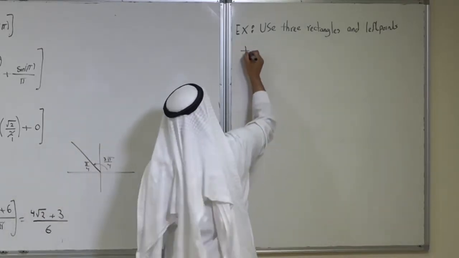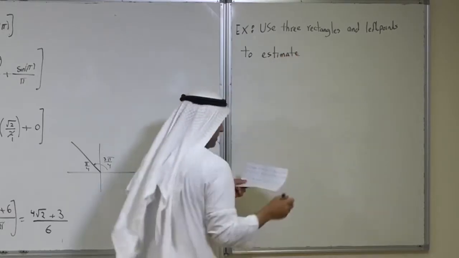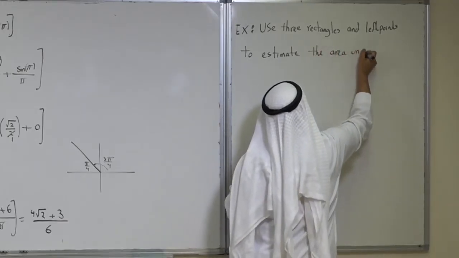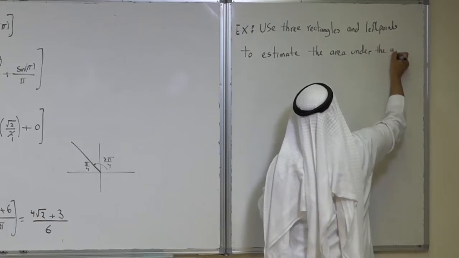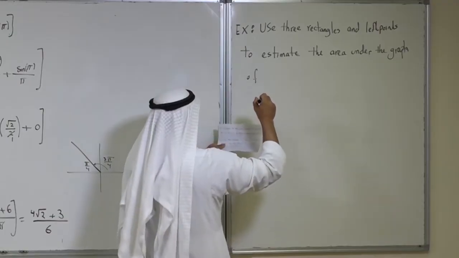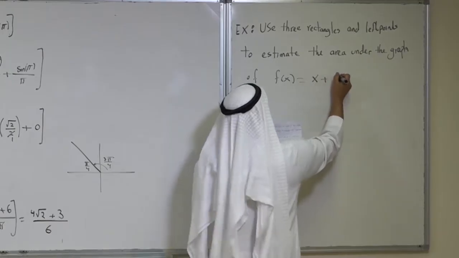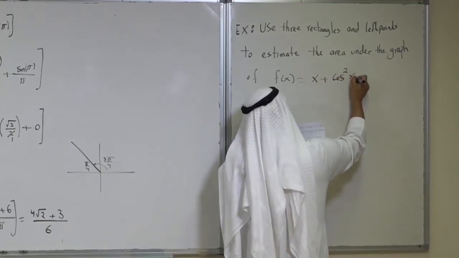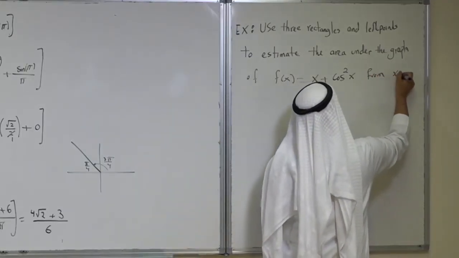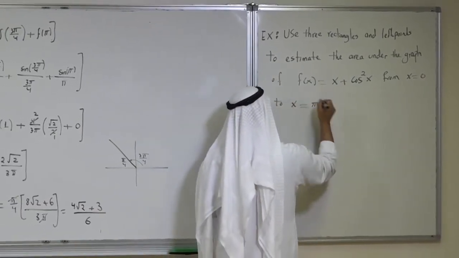To estimate, again, we are talking about estimation, the area under the graph of f of x equal to x plus cosine squared of x from x equal to 0 to x equal to pi.